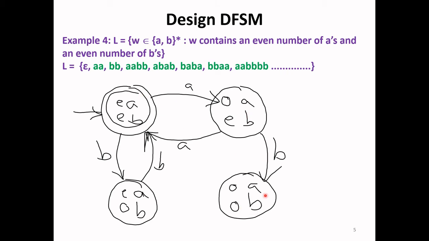So A, B. Next, I want to have A, B. So if I have A, it means I'll be having 2 A's, that is even number of A's and odd number of B's. Then can I come to this particular state? Yes. So I'll have a transition from here A. Now you can see A, B, A, B reaches the final state, hence the string is accepted.